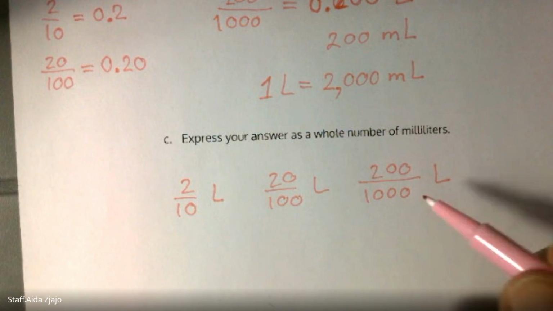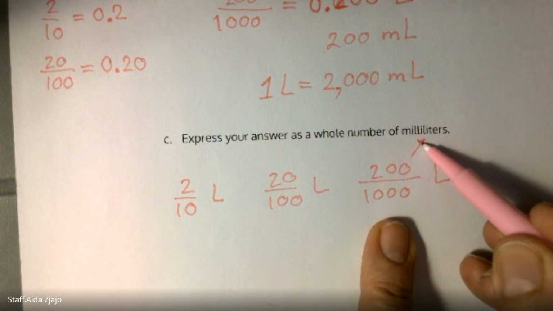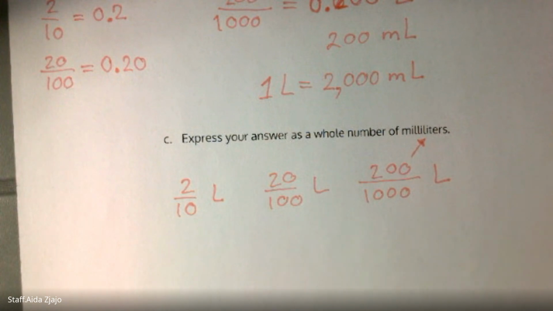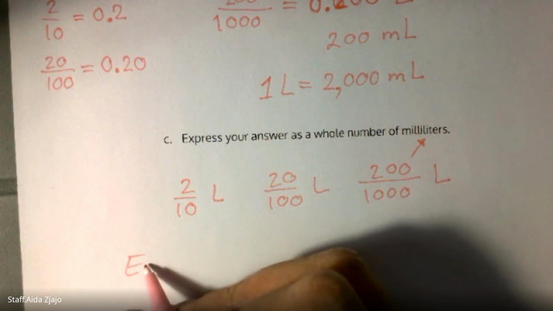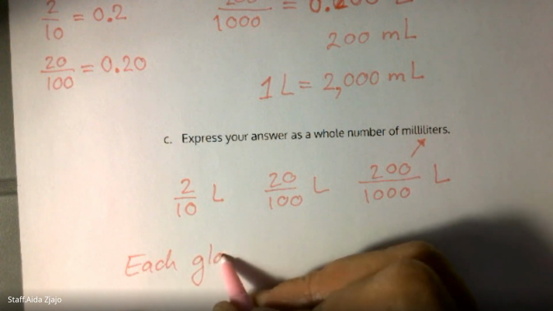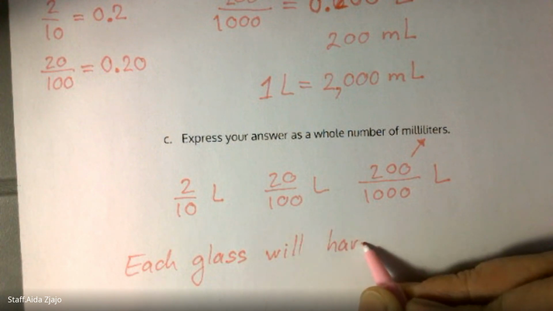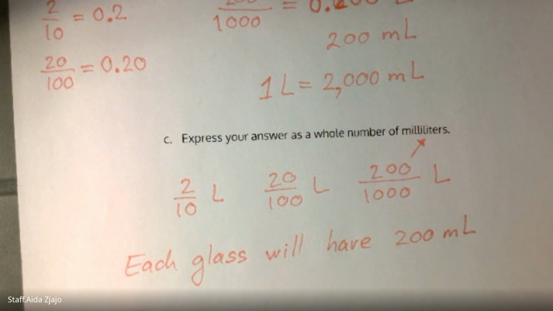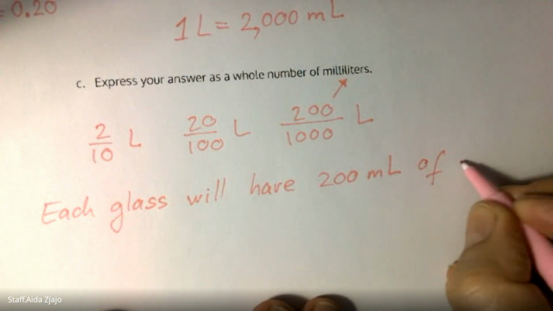That means that we have 200 milliliters out of 1,000 that makes a liter. So each class will have 200 milliliters of soda.